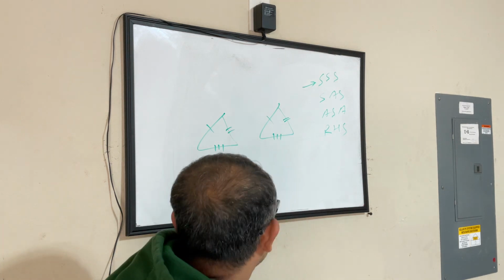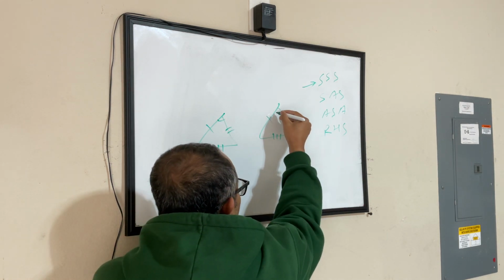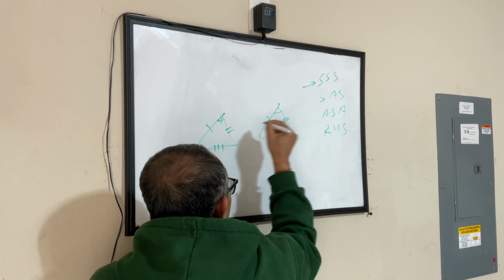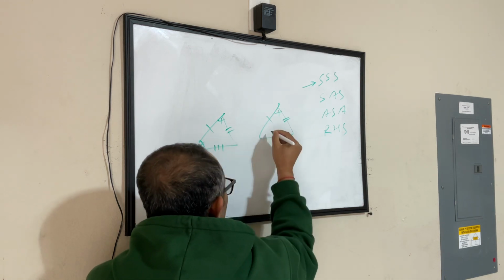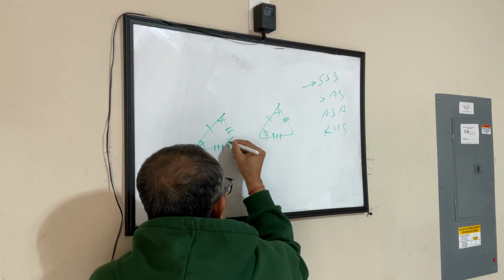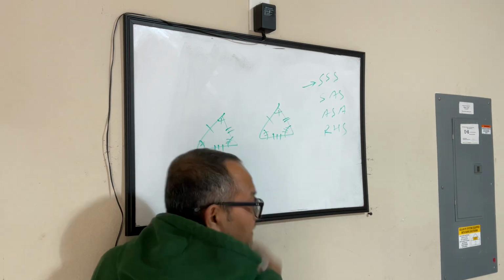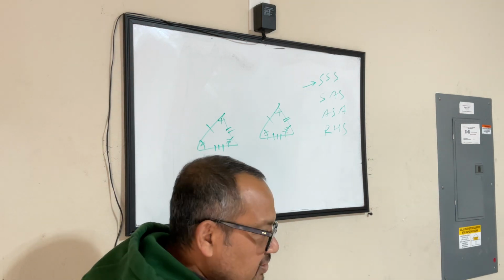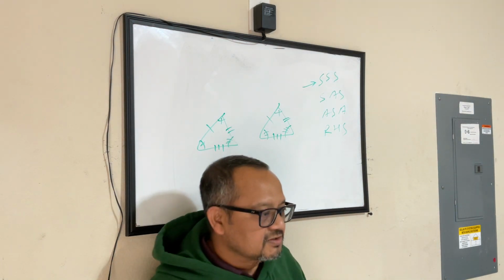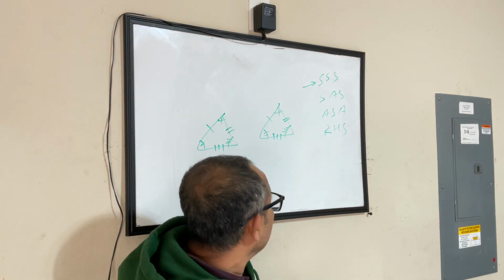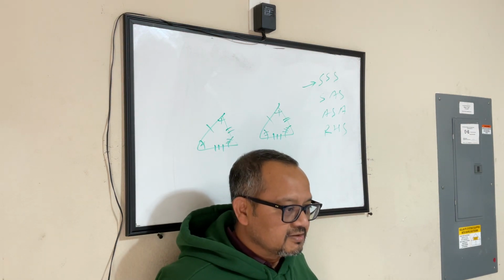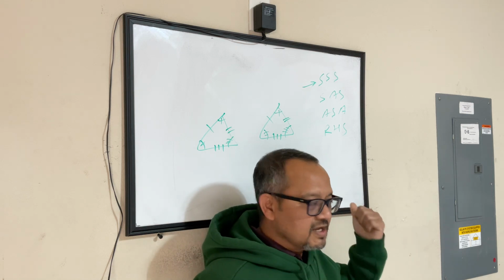After that you can assume that the 3 angles will also match and everything else will match. Now you will say that just because this old man is telling you that this is a theorem, how can I believe that? And you don't have a choice.